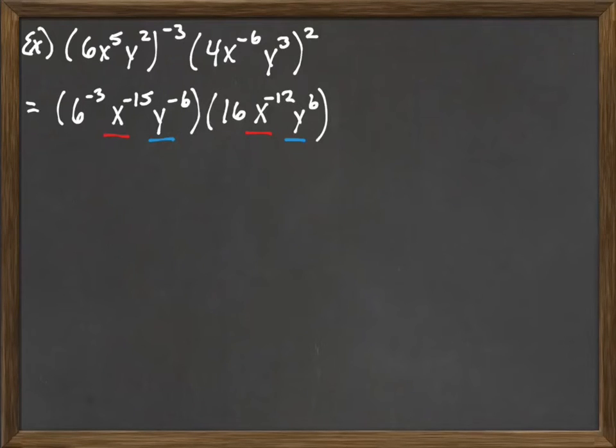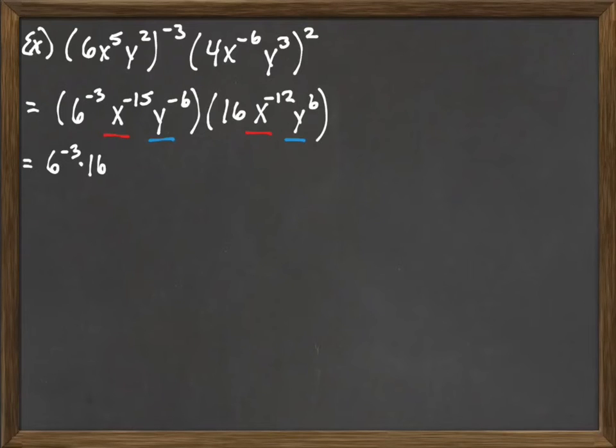But here I'm just going to leave my numbers alone for the moment and focus on my x's and my y's. So I have an x to the negative 15th and an x to the negative 12th. I'm going to add my exponents because I'm multiplying.